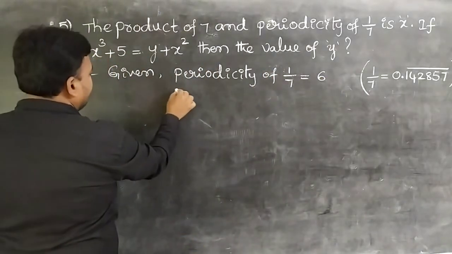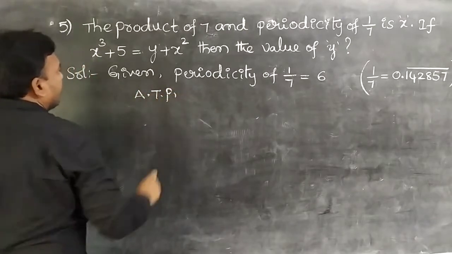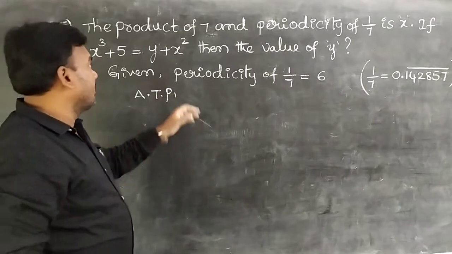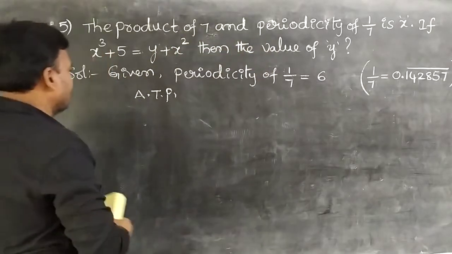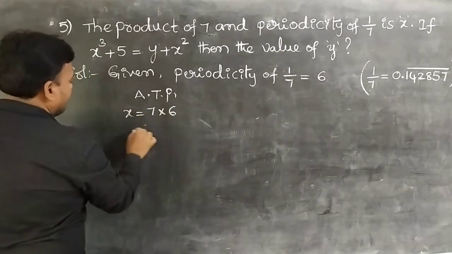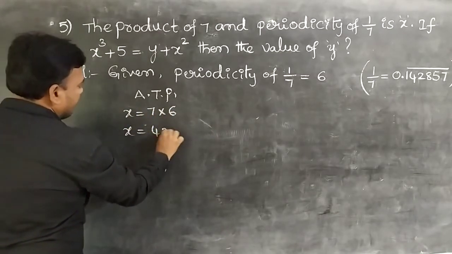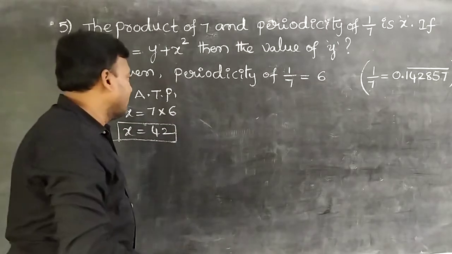According to the problem, what is given in the first statement? Observe carefully. Product of 7 and periodicity of 1 by 7 is x. So x equals 7 into 6, students. Then finally x equals 42. X equals how much value, students? 42. Okay. Next one.